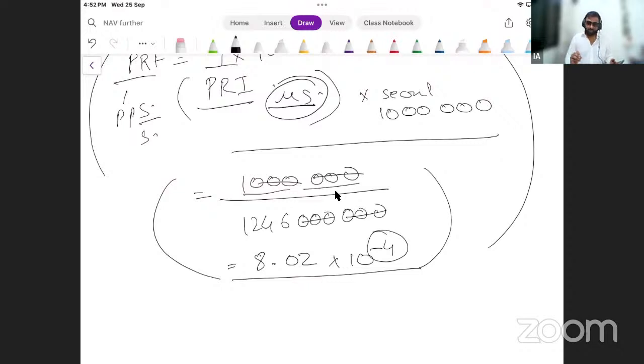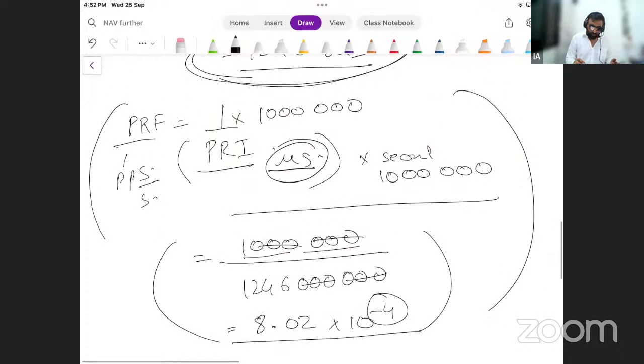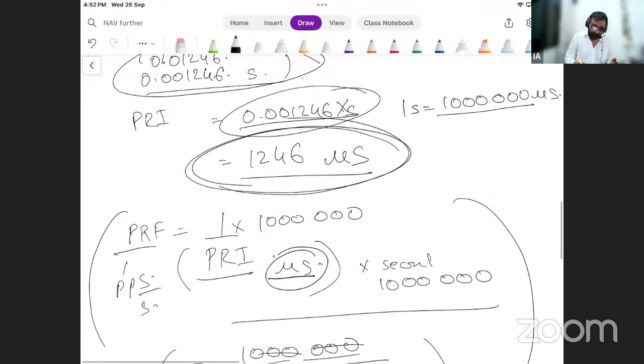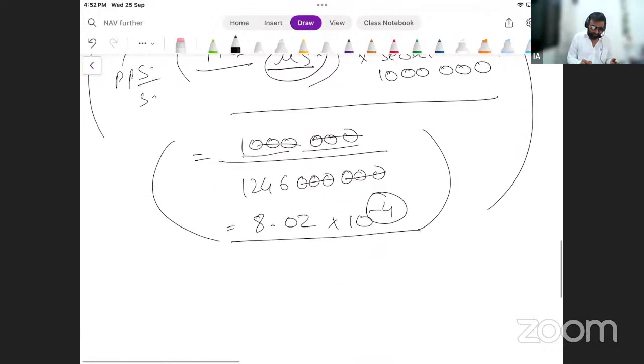So as a quick solution, if you want to make your job easy in converting microseconds into seconds, then you can simply follow this fundamental that when you are multiplying, okay, so I'll show you again.